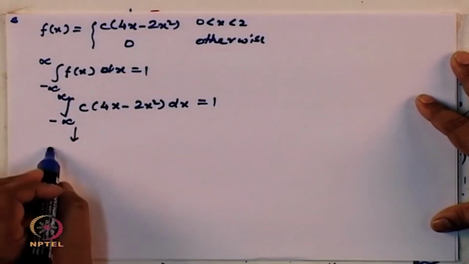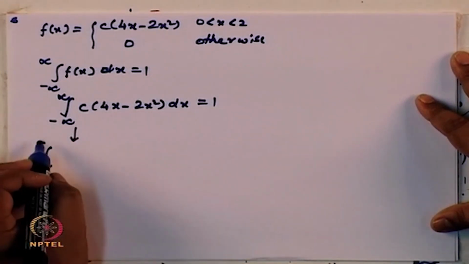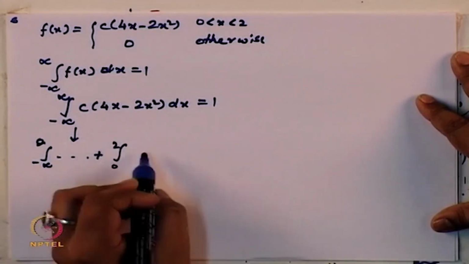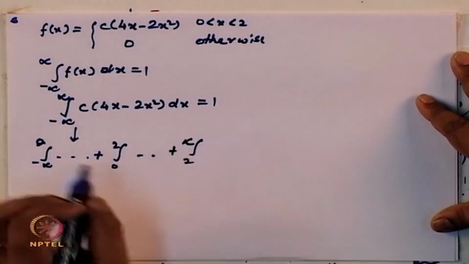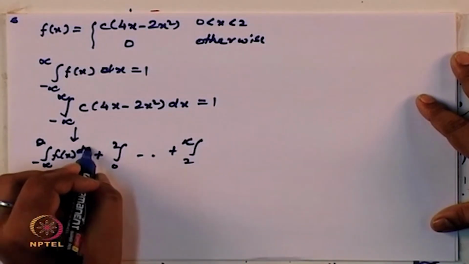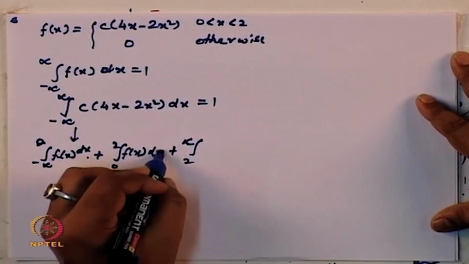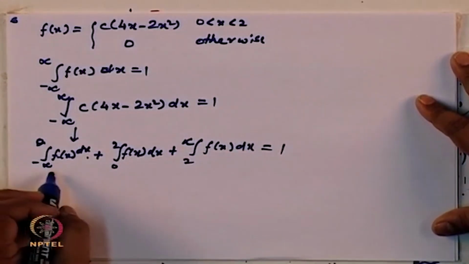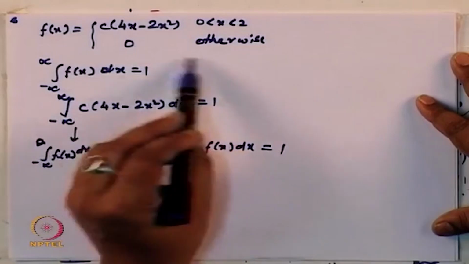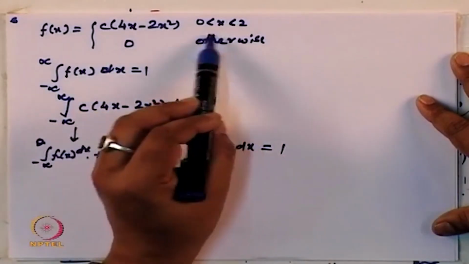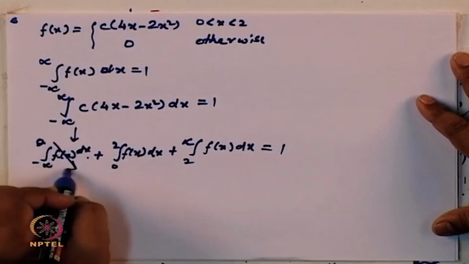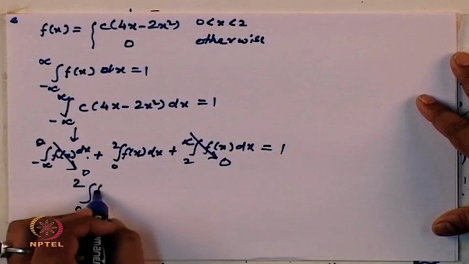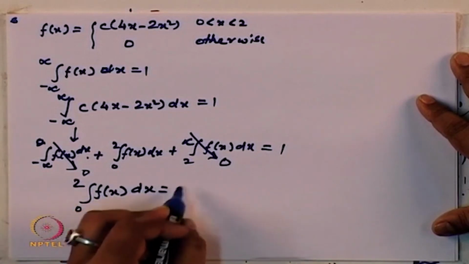So, I can break this limit into minus infinity to 0, 0 to 2, plus 2 to infinity, with f x dx in each, and this sums to 1. Now, for minus infinity to 0, we know that f x is 0 everywhere other than this interval. So, this is 0, this is 0. So, I am left with the condition that the integral from 0 to 2 of f x dx is equal to 1.